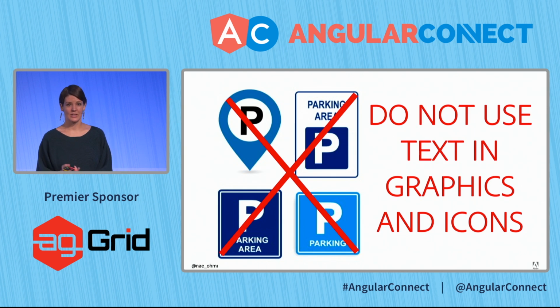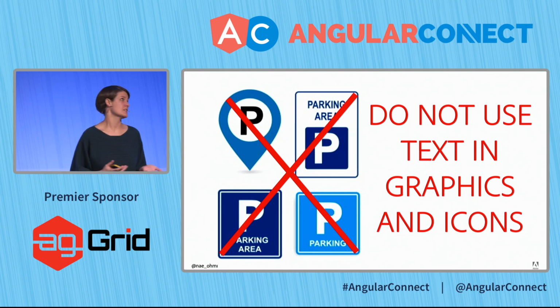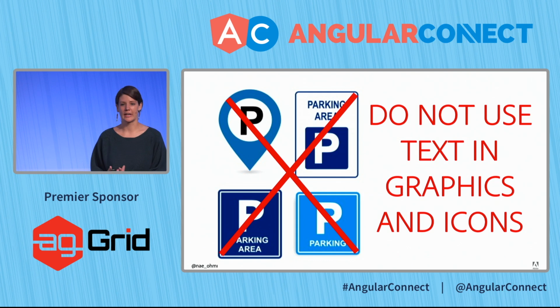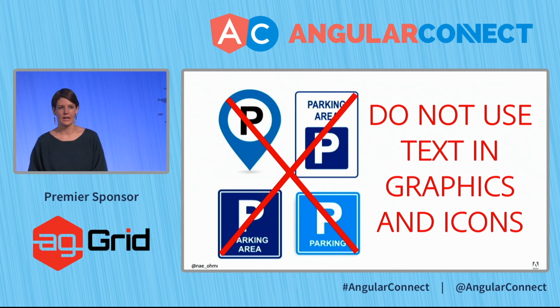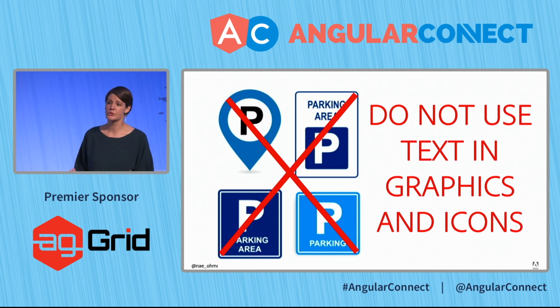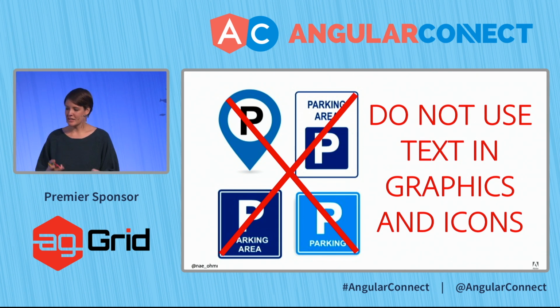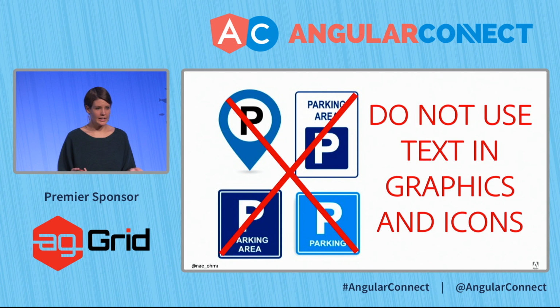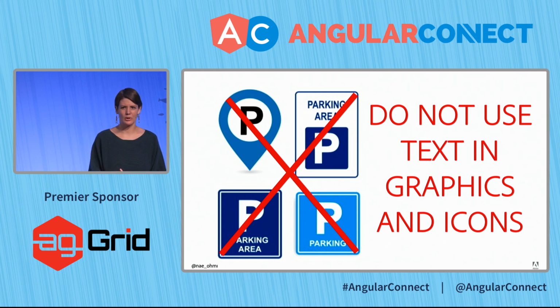Also, graphics. So here's an example of a P for parking. And I'm sure we've all seen P for parking in icons and graphics. But this is not really an inclusive icon that a diverse range of people around the world can truly understand. So instead of using the P for parking, which some people might say, well, P has become an international sign for parking.